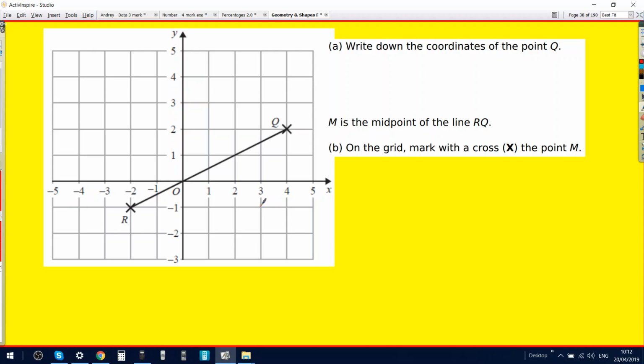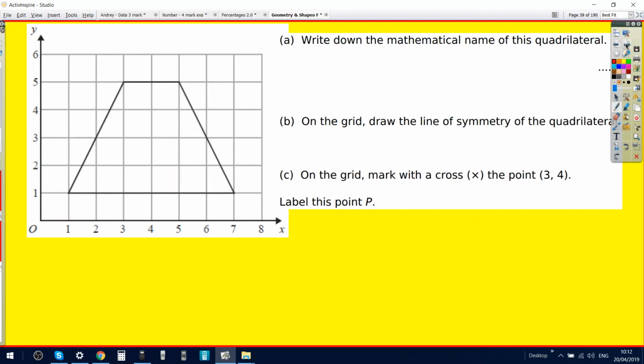I've just counted how many squares are through the line. I got 6. I went up 3 squares, and that was my midpoint. So it's 3 across from both of them. How about this one?